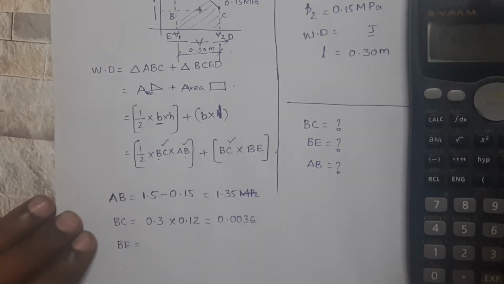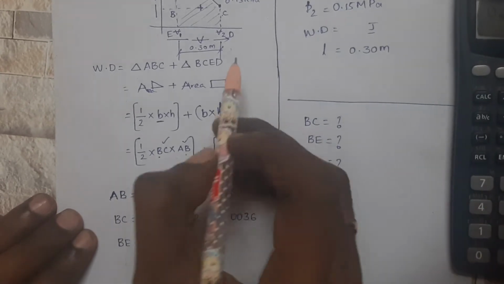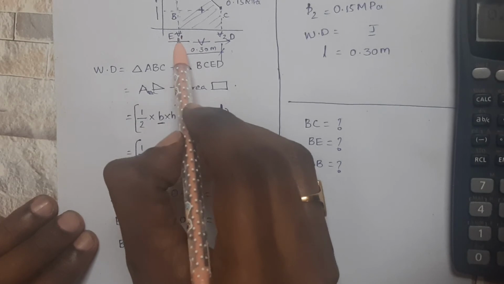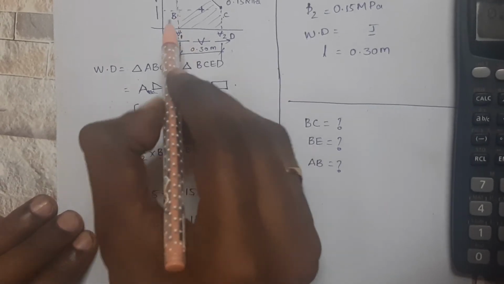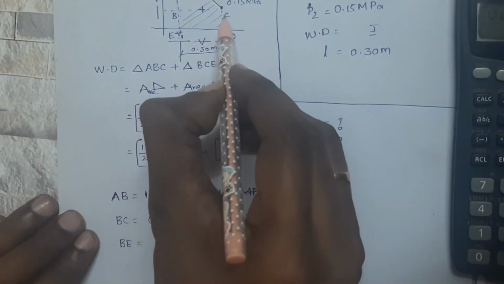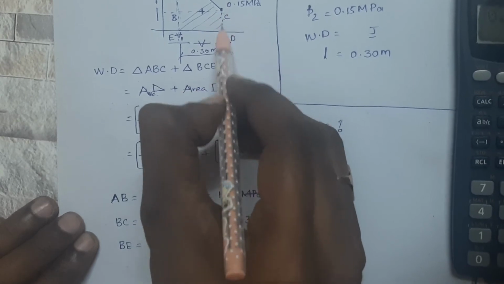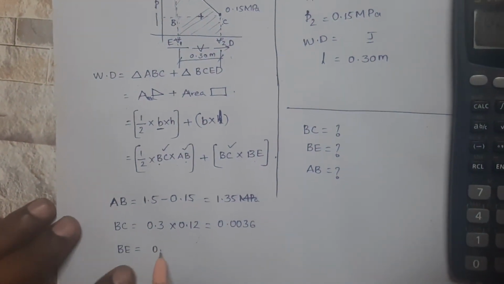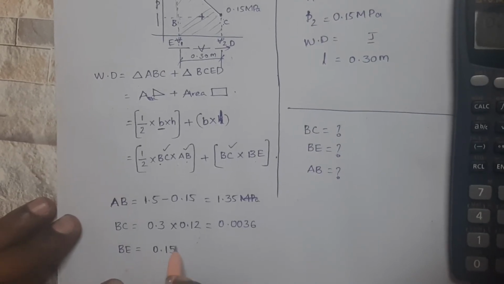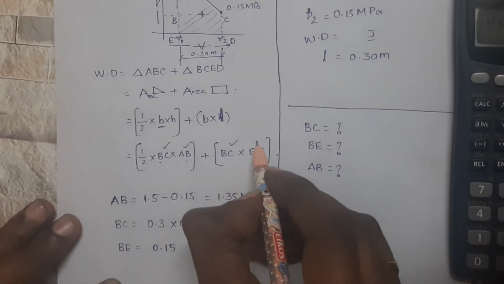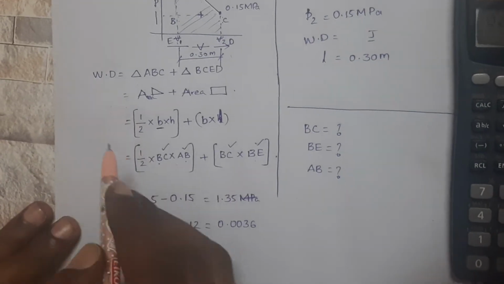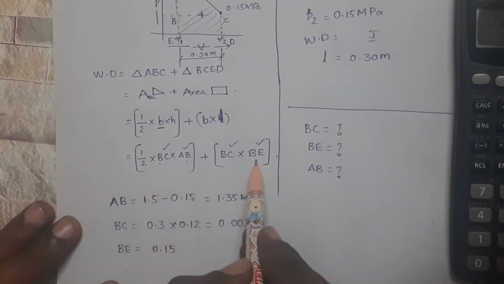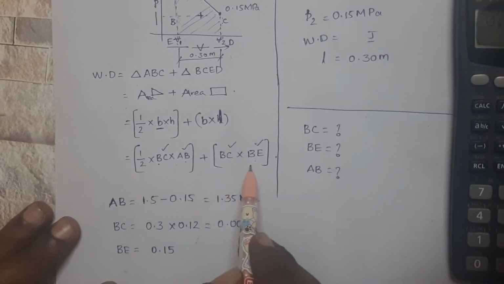BE is equal to, so here BE, this distance is nothing but from here to here, it is 0.15 megapascals. This will be in the pressure units only. So directly we can take 0.15 value. So we got this also. Directly work done can be calculated because the 3 unknowns have been resolved here.